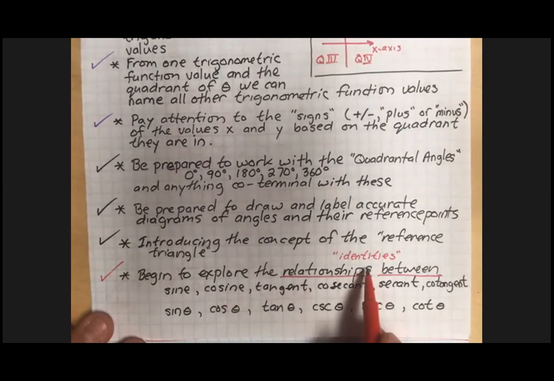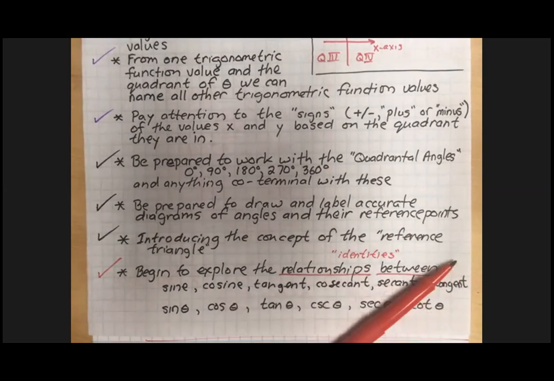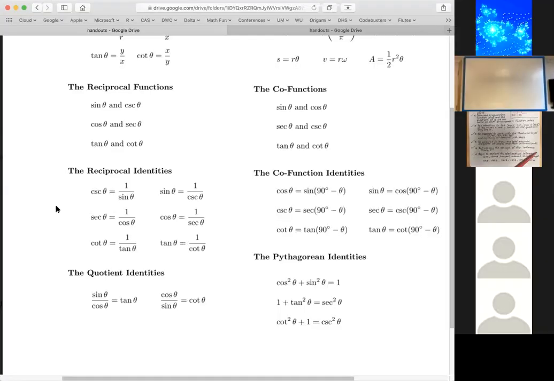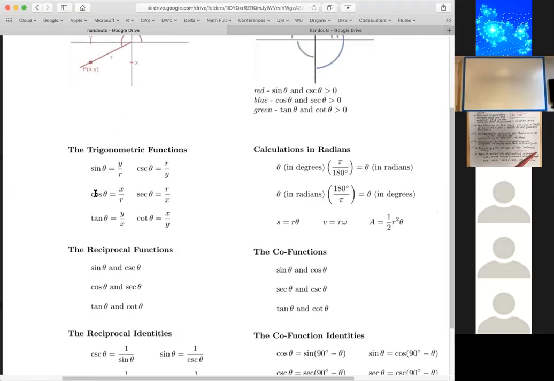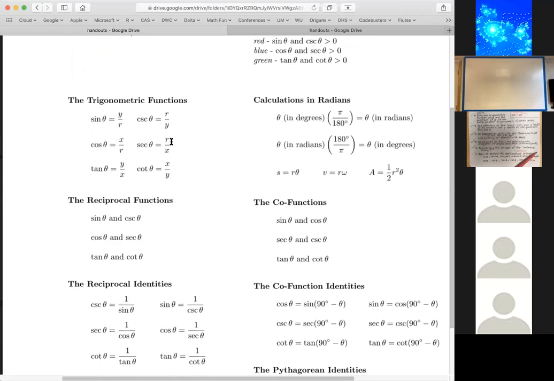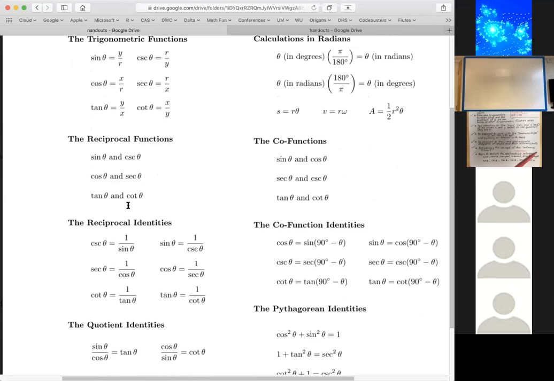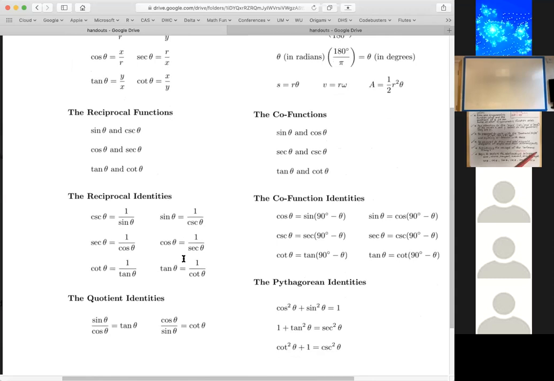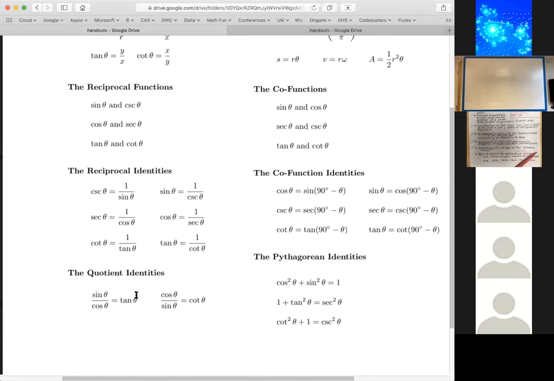We will talk about identities a lot more, but I just want you to begin to explore these relationships in 1.5. And that means, I don't know if memorize is a dirty word to you, but the author says you're just going to have to step up and memorize these relationships until you know them like the back of your hand. I will show you ways to make them easier to remember.